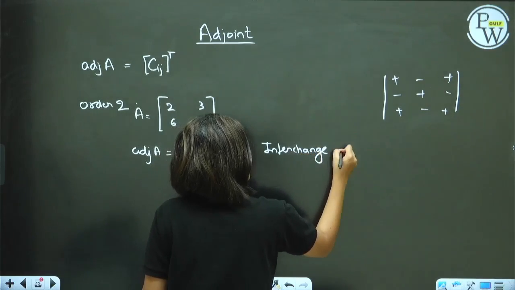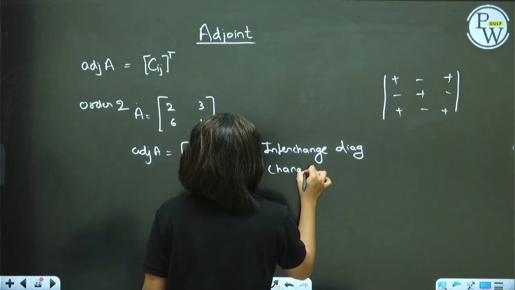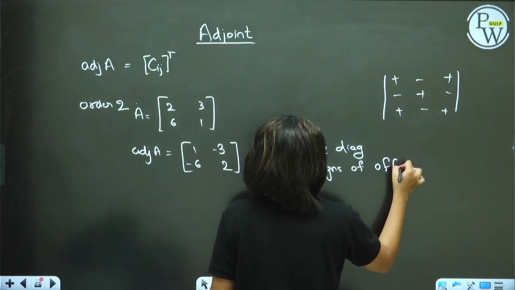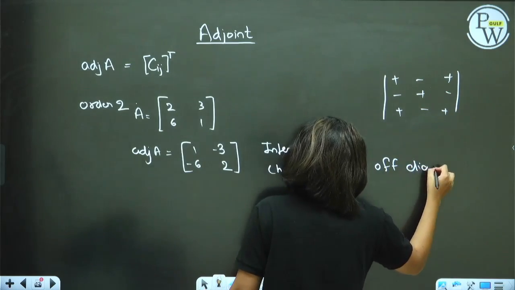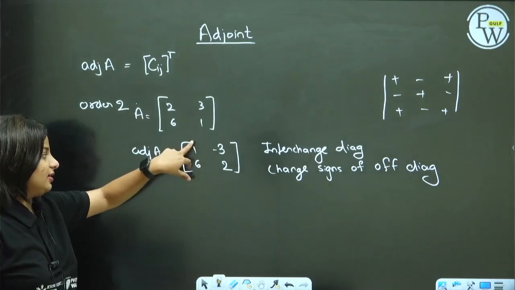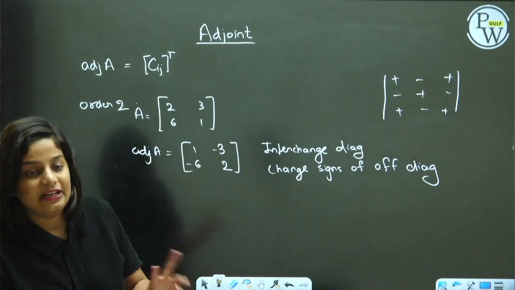Off diagonal means not the leading or principal diagonal. You interchange just the main diagonal.